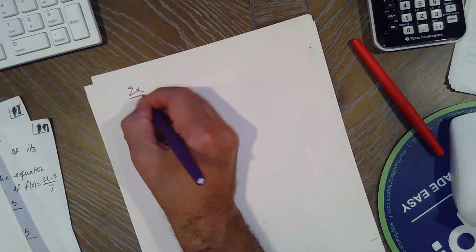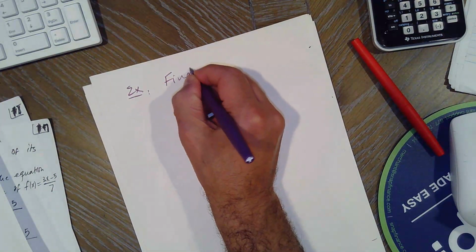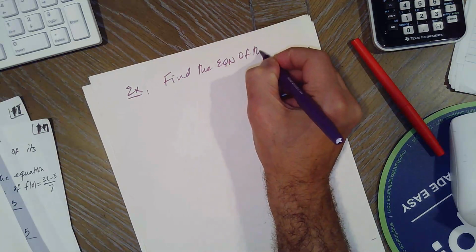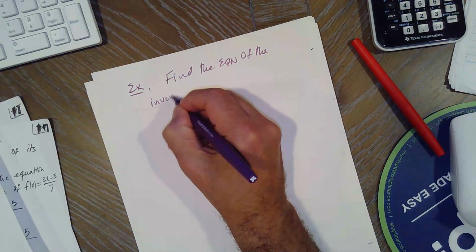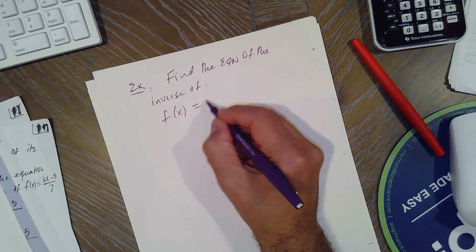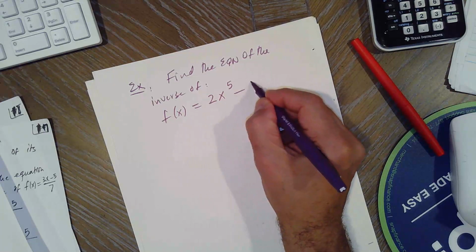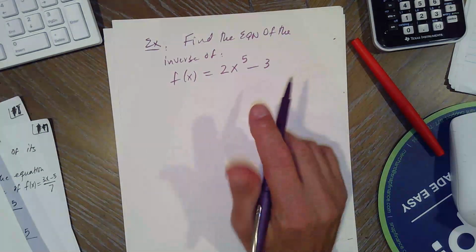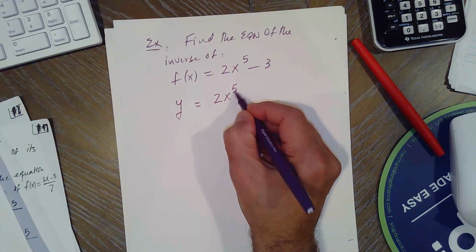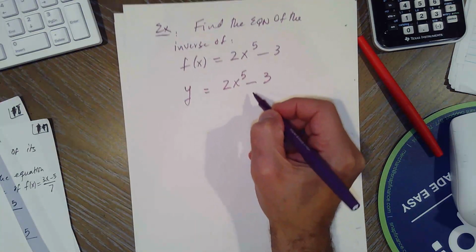All right, another example. Find the equation of the inverse of f of x equals 2x to the fifth minus 3. Again, we replace f of x with y. So y equals 2x to the fifth minus 3.